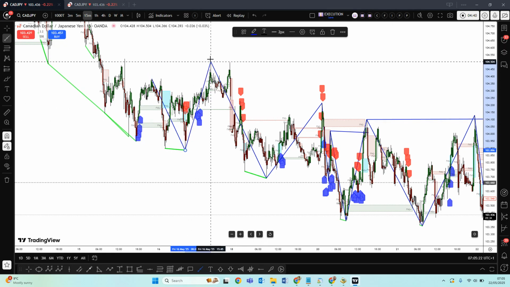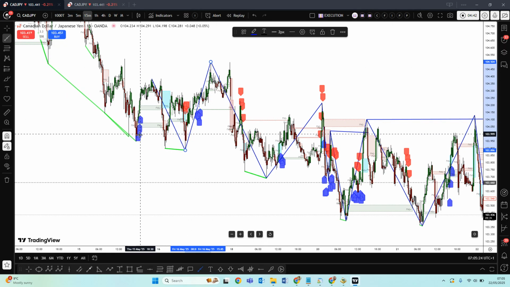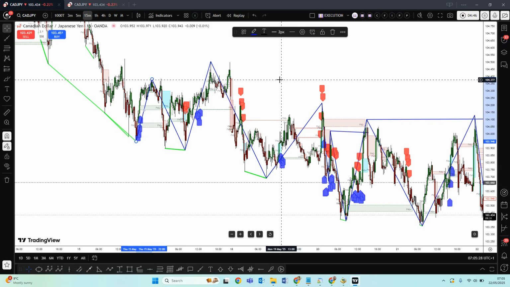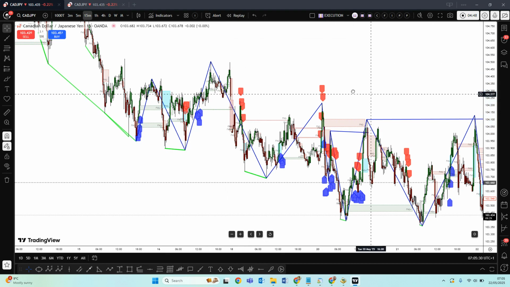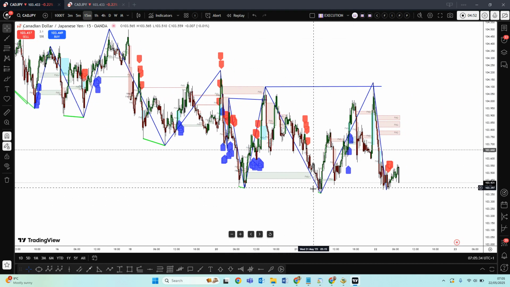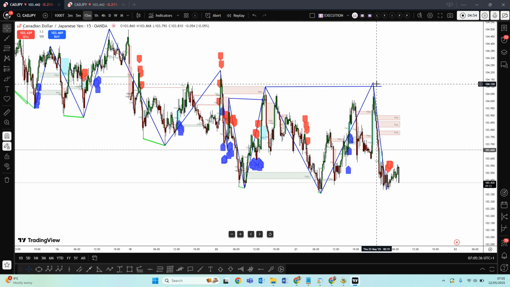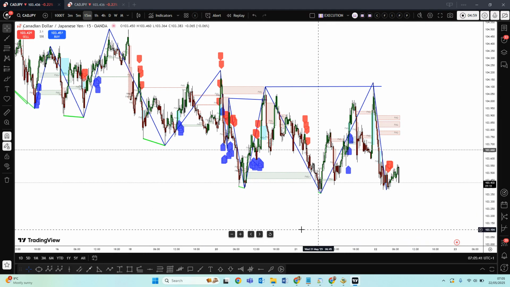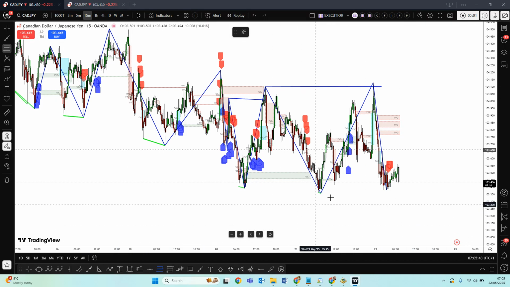Can connect this to this. So that's the structure. That's the structure. That's the structure. Okay.